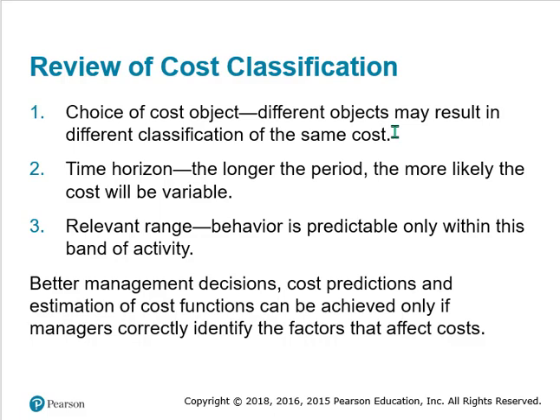The longer the period, the more likely the cost will be variable. Isn't that something? It might look fixed in a short run. And the relevant range, that the behavior is predictable only within this band of activity. Okay, and these are real criteria. This isn't something out of a textbook.